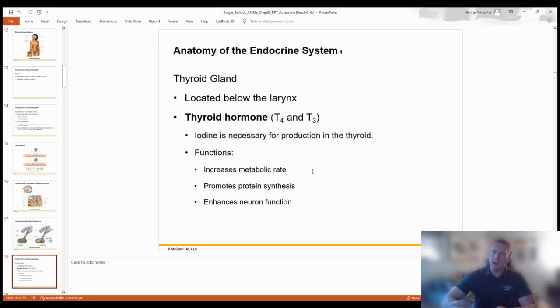That is caused by iodine insufficiency, or you are deficient of iodine, right? So if you don't have enough iodine, then the thyroid gland does not function properly. What's our number one source of iodine in our diet? That is salt, believe it or not. Iodine is very hard to come by in your diet.